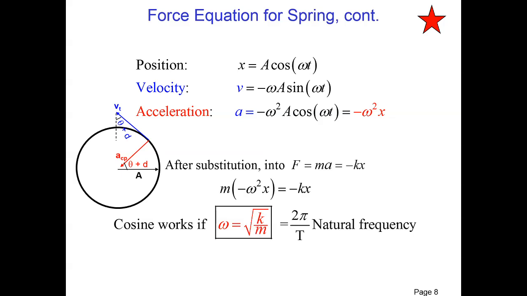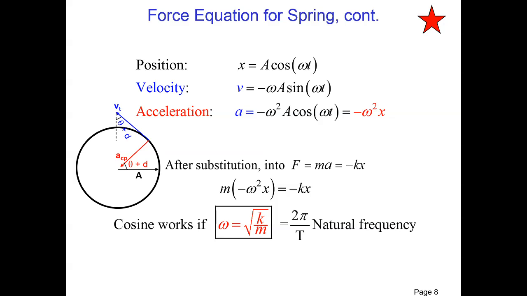So that means negative m omega squared x is equal to kx. The x cancels out, and we can then solve for omega as a function of k and m. We get that omega is equal to the square root of k, our spring constant, divided by the mass. That means the angular frequency is the square root of k over m.